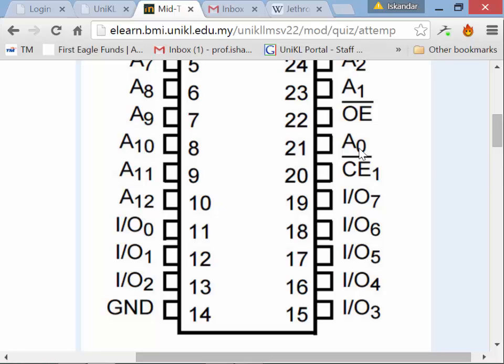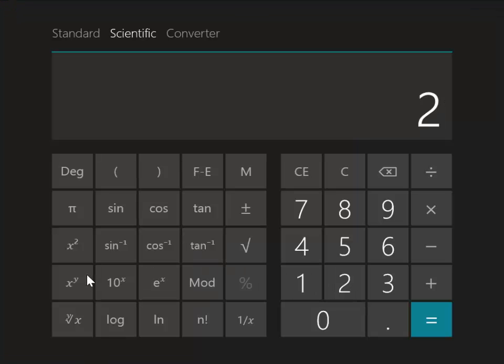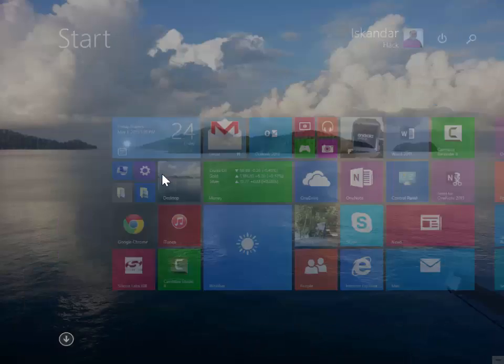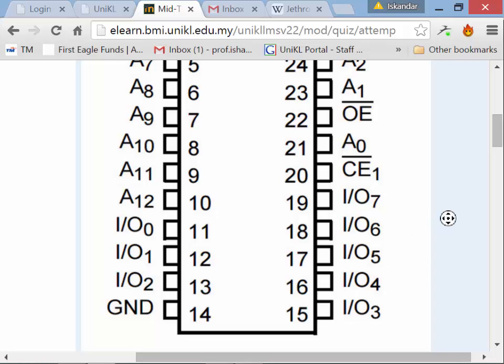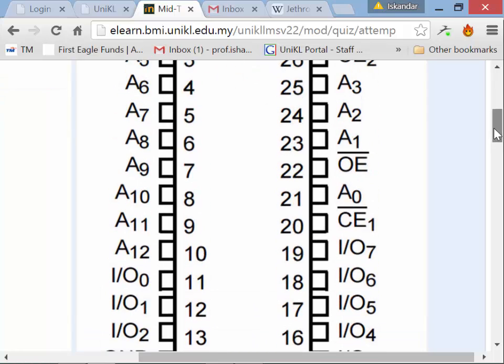So 13 address lines, it's going to be an 8K by 8. We use 2 raised to the 13, which is 8K. The number of address lines tells us how many locations we have.